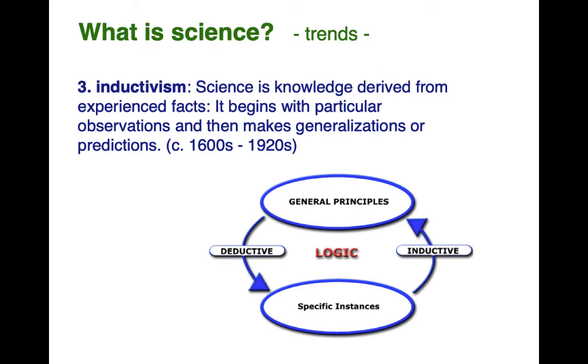When I talked about the example of the planets, where we notice of several planets, each of them moves on an ellipse around the sun, and we draw the general conclusion that that's the thing about planets, they move in ellipses around the sun. It isn't necessarily true. For all we know, there might be a planet that doesn't move in an ellipse around the sun. Still, in general, the more examples we have of planets moving in ellipses, the more we think probably that's the thing about planets.